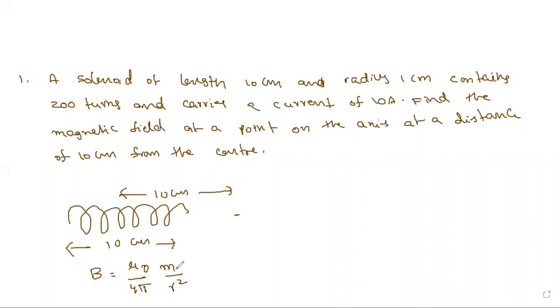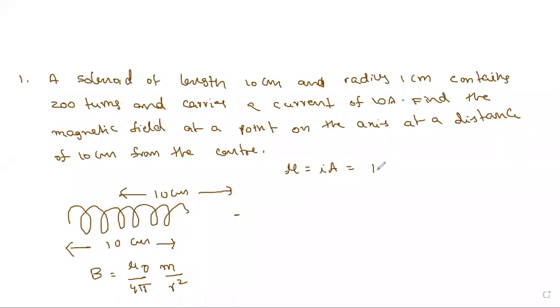Then how can we calculate magnetic moment here? And the formula for pole strength in terms of magnetic moment is more important. The magnetic moment of a single turn is capital M equal to current into area. What is the current given here? 10 ampere.